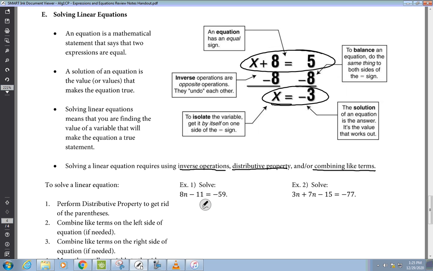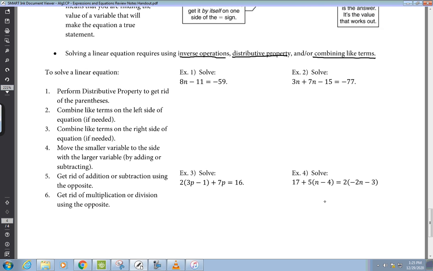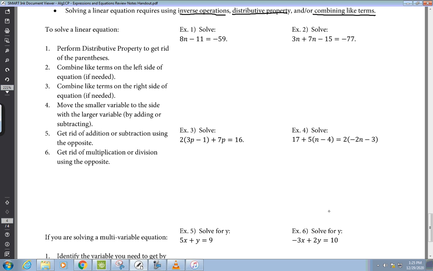So let's look at the steps for solving the equation, and we'll do several examples. Solve the linear equation.